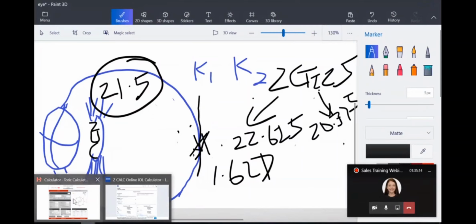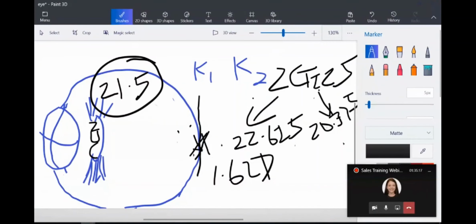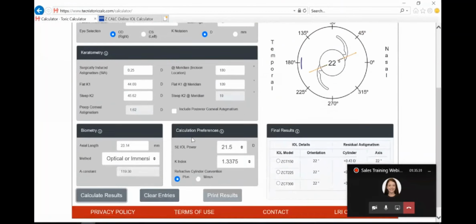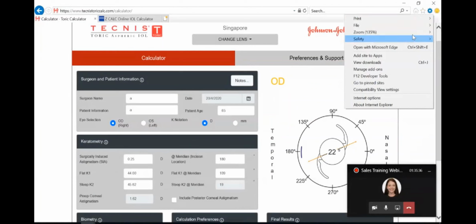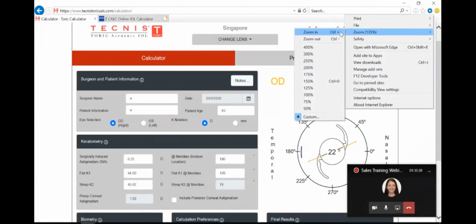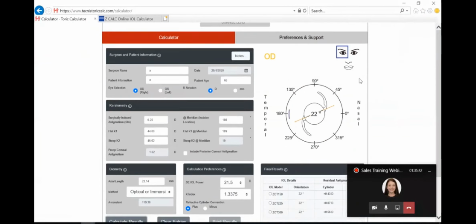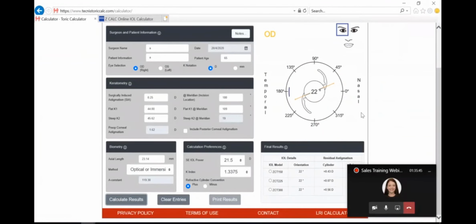So if we look at the toric calculator, I put in the example here. We put in the K readings. Flat K reading is the smaller value.